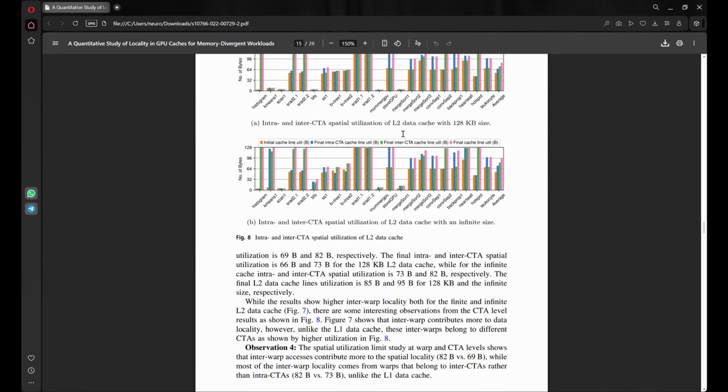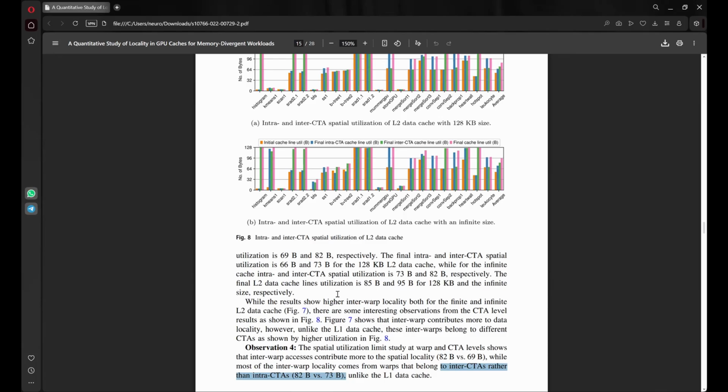That essentially shows that interwarp accesses contribute more to the spatial locality seen in L2 cache, and most of the interwarp locality that we're detecting belongs to inter CTAs rather than intra CTAs. So over here it shows that inter CTAs use about 82 bytes as opposed to intra CTAs that only use 73 bytes of the entire cache line, showing that inter CTAs have a greater spatial locality.